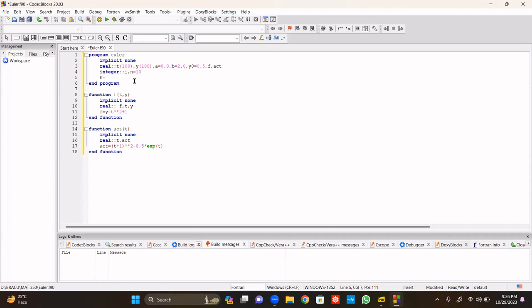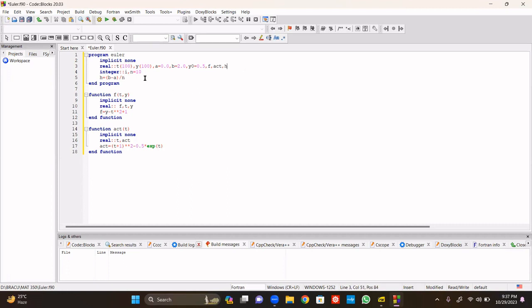So h is (b minus a) by n. Okay, so there are 10 intervals. So h is going to be 0.2. All right, so we have to include h here as well.